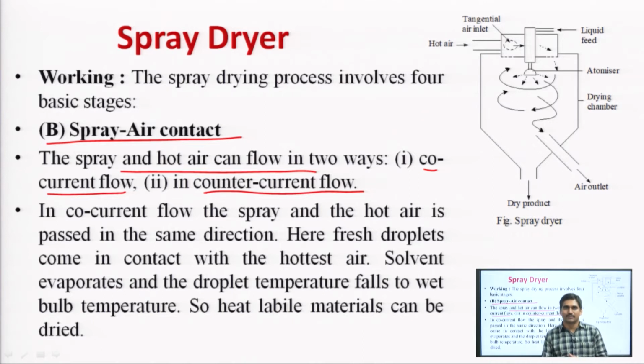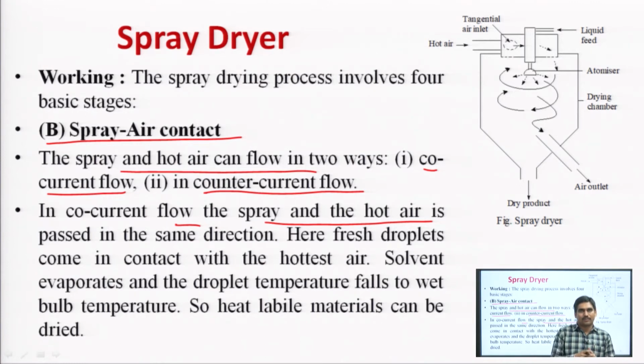These are the 2 processes in which both spray and hot air are moving inside. In co-current flow, the spray and the hot air are passed in the same direction, both are moving in the same direction. So, what happens in this case? Fresh droplets come in contact with the hottest air.